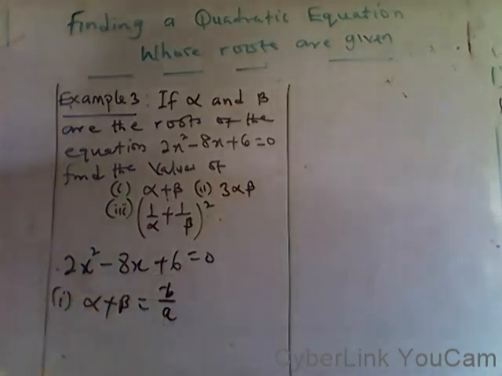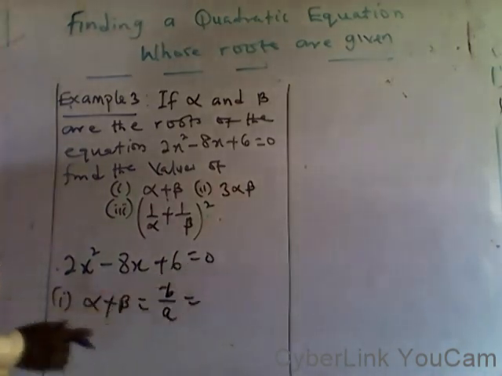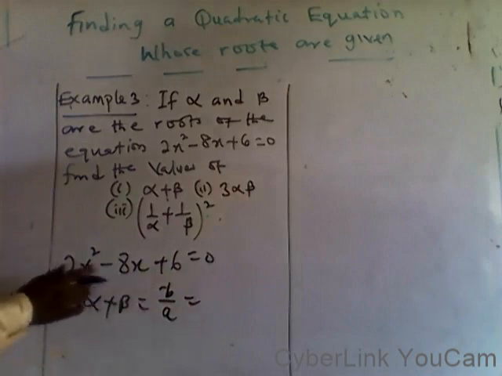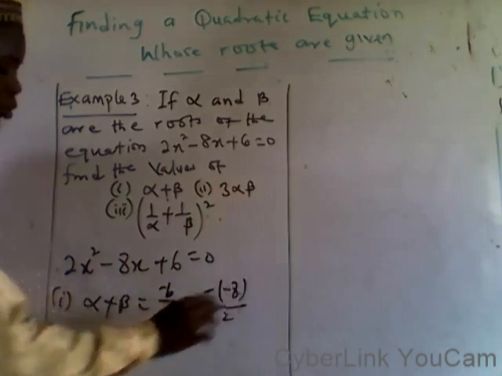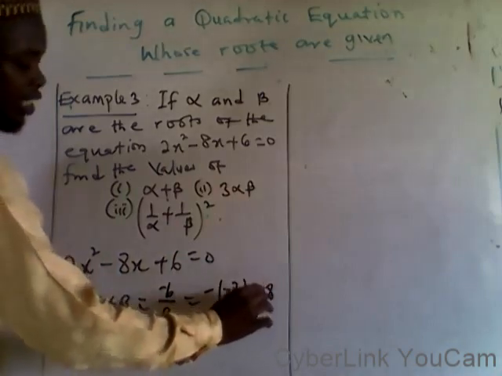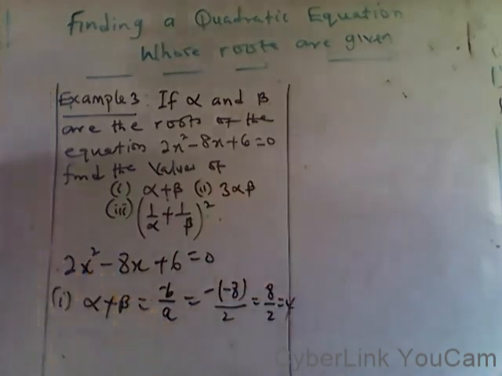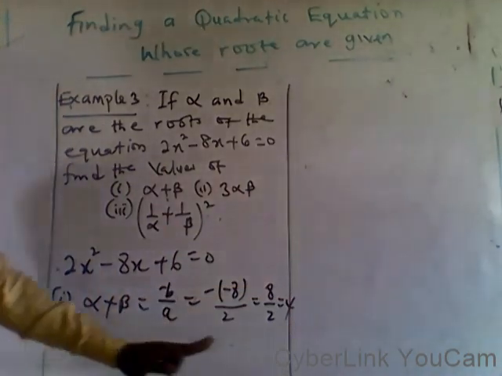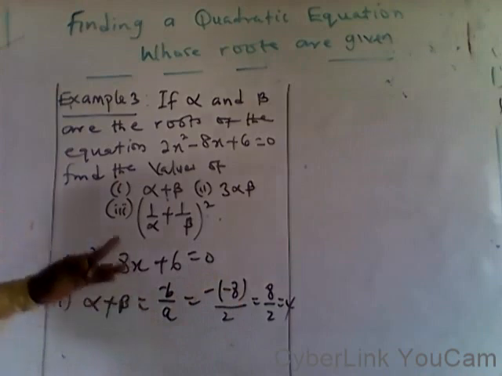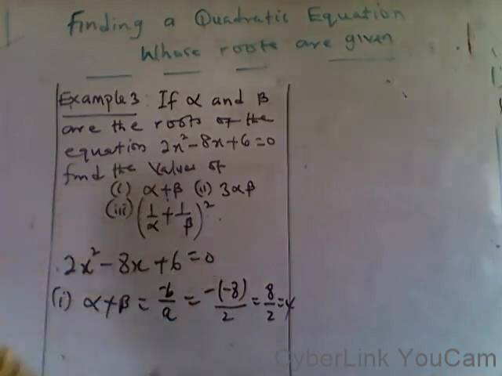Your minus b is minus minus 8, over 2, which is 8 over 2, which is 4. Very simple. So the sum of the roots is 4, meaning that the answer to the first question is 4.